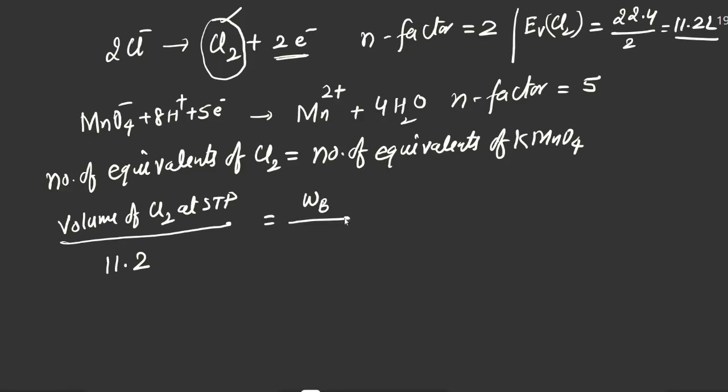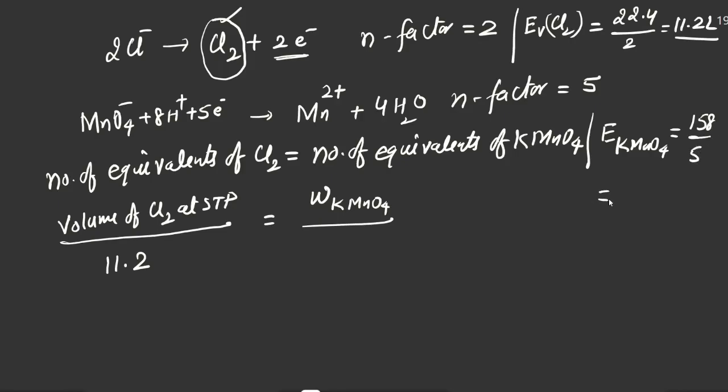So weight of KMnO4 divided by its equivalent weight. So what is the equivalent weight of KMnO4? It is 158 divided by 5, so it is 31.6.